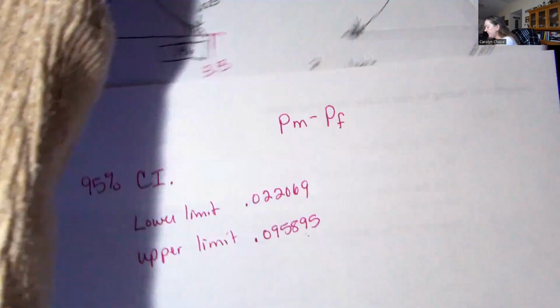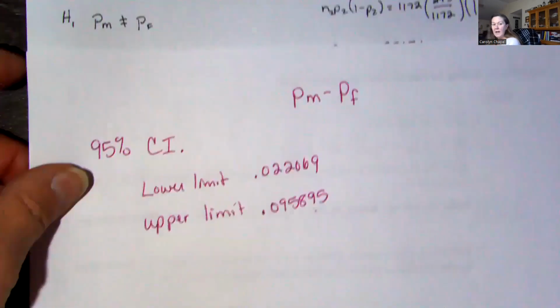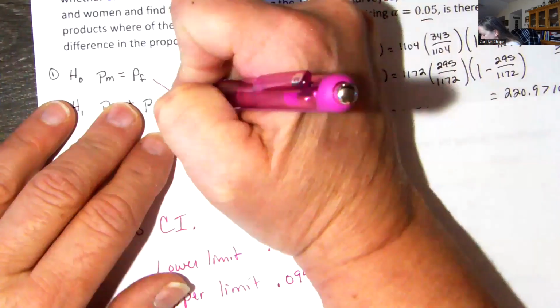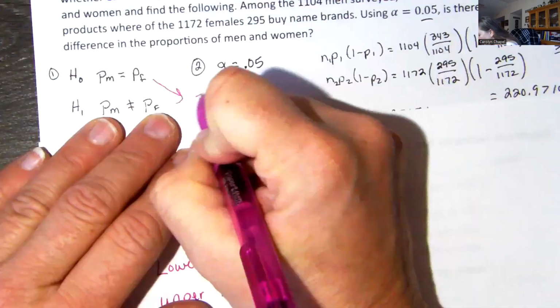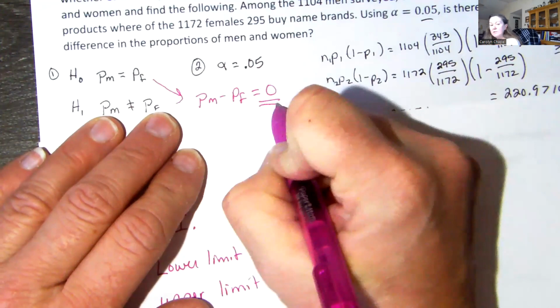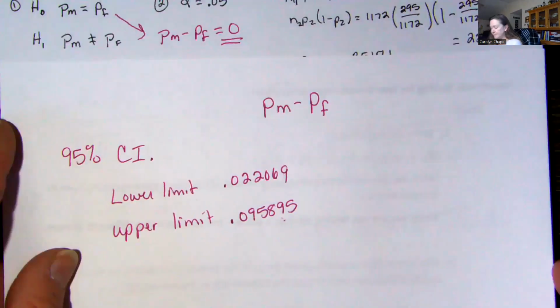But in our hypothesis test, we were looking at them being equal, changing that so they're both on one side, PM minus PF equaling 0. So we're going to be looking to see, is 0 in that interval?